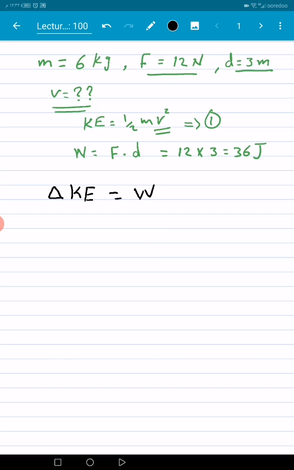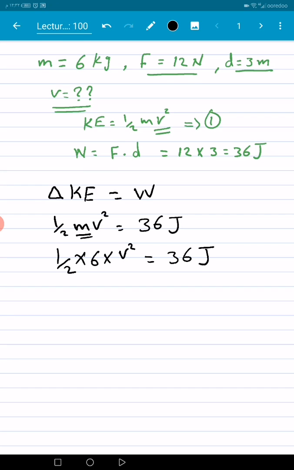So KE, half mv square, equal to the work, 36 joule. Then half m, multiply 6 V square, is equal to 36 joule.